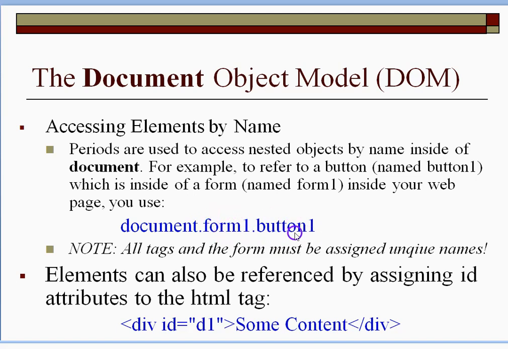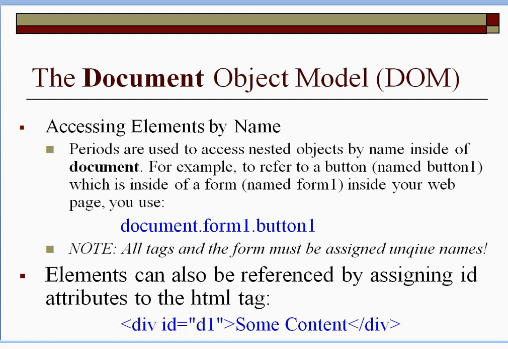In other words, both of these have attributes called name, and the values of the corresponding names are as shown here. So then referring to document.form1.button1 refers to that button. Obviously, every element that you wish to access by name has to have a unique name.